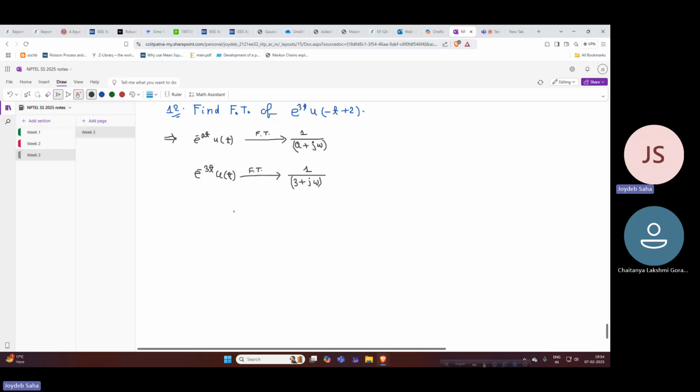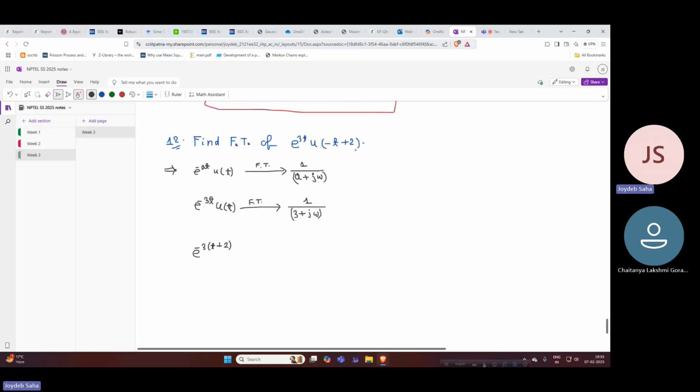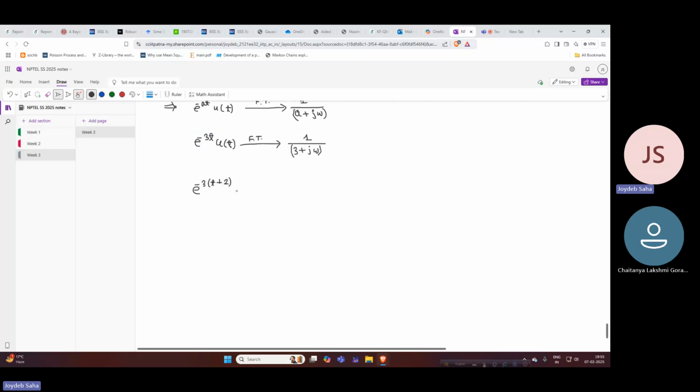Okay, so if we write e to the power minus 3 (t plus 2), our goal is to find this, right? u of (t plus 2).